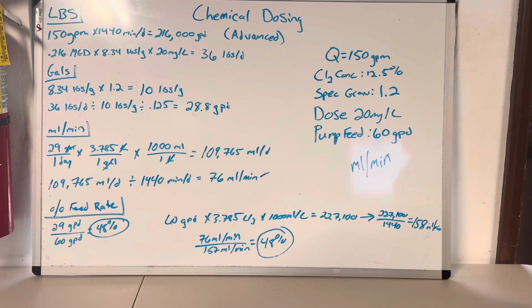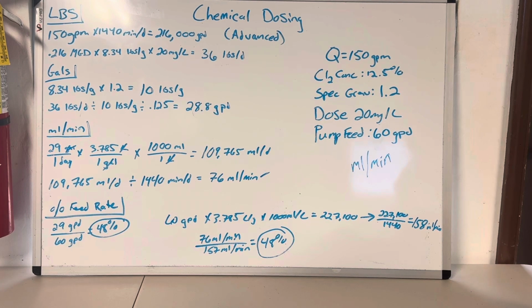Let's now go down to gallons. We need to convert those pounds per day to gallons per day. How we do that is we take the weight of 1 gallon of water, which is 8.34, and that has a specific gravity of 1.0 when we're talking about liquids. This liquid, sodium hypochlorite, has a specific gravity of 1.2.